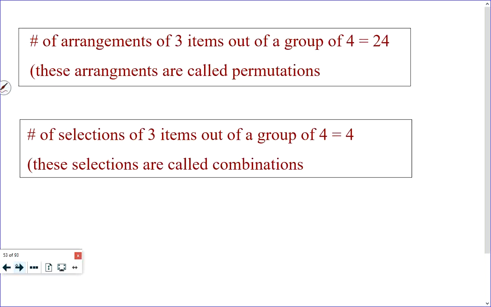The connection is that you divide the permutations by the number you're choosing factorial. The reason why it goes from 24 down to 4 is we're dividing by 6. I mean, you could also say we're subtracting 20, but I'm telling you what the rule is. You divide by the factorial of the number of items you're selecting.